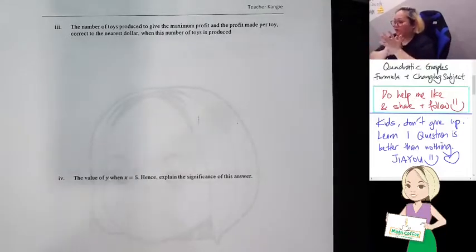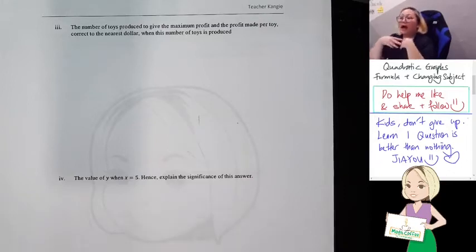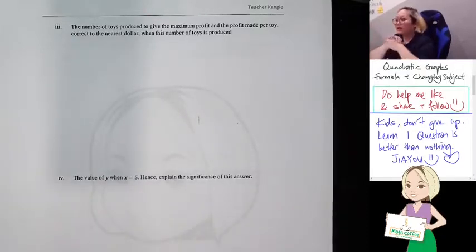Wow, good. That's a very good one. The cost of making the toy is more than the selling. Yes, you are right. In order to produce the toys, you have to hire people to operate the machine and so on. There's already cost when you're making. The selling price does not cover the cost of making the toy. Very good explanation. So if they ask why it makes a loss, this is the explanation you should give.